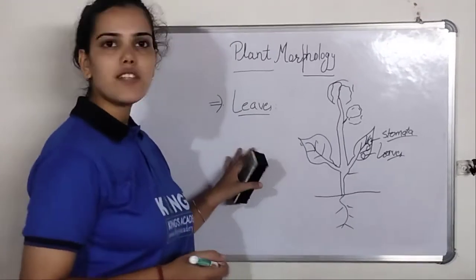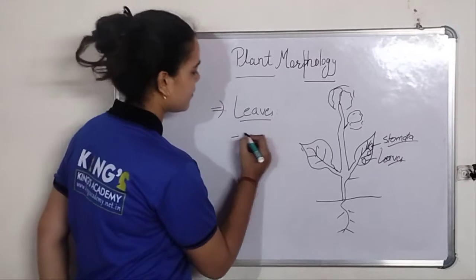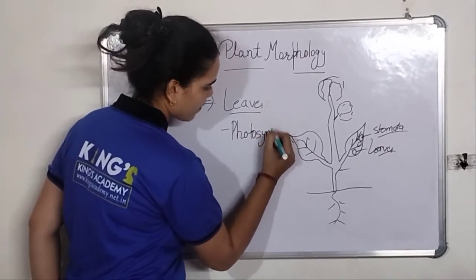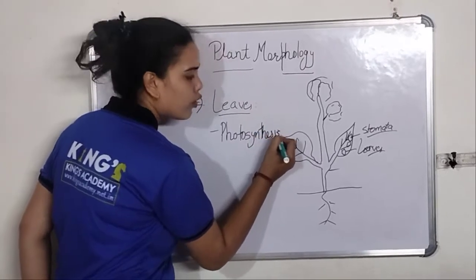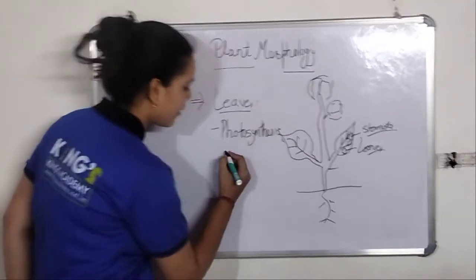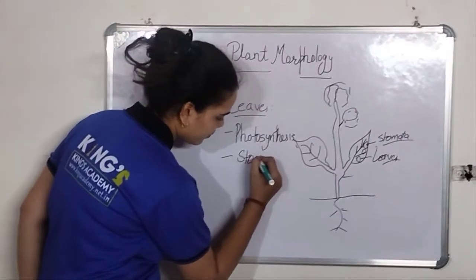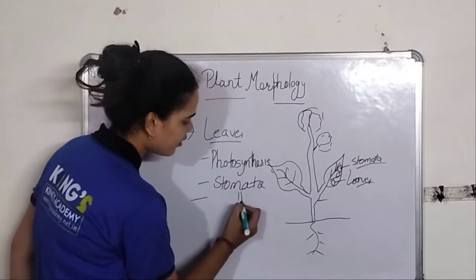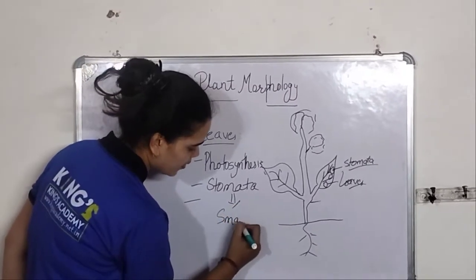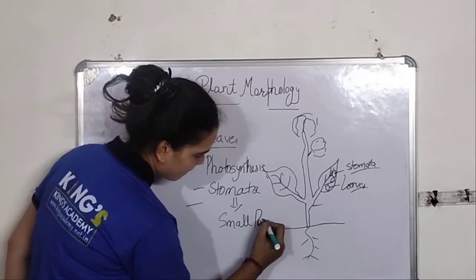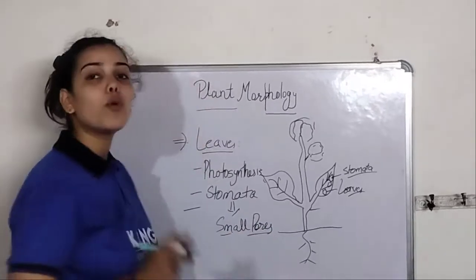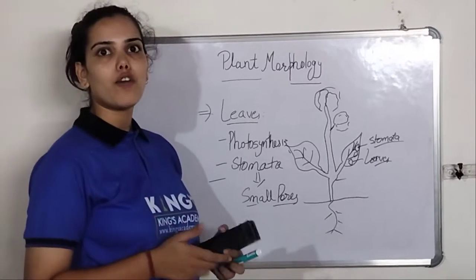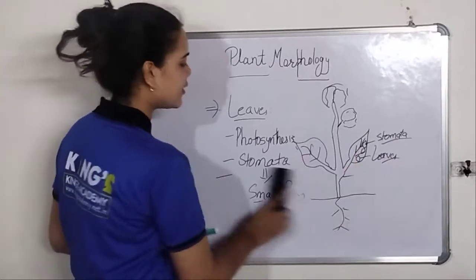Okay, so leaves help in photosynthesis with the help of stomata, and stomata have small pores, right? And after this, the another part of the plant is known as flower.